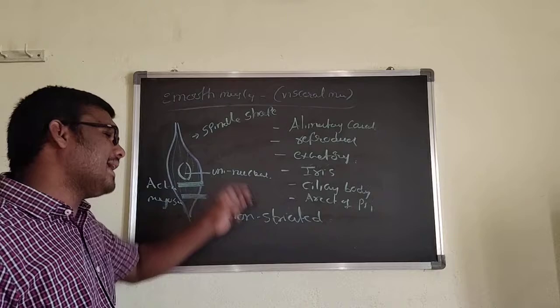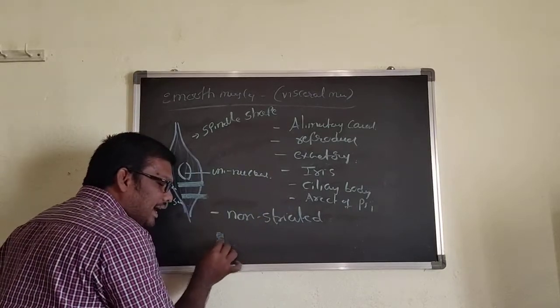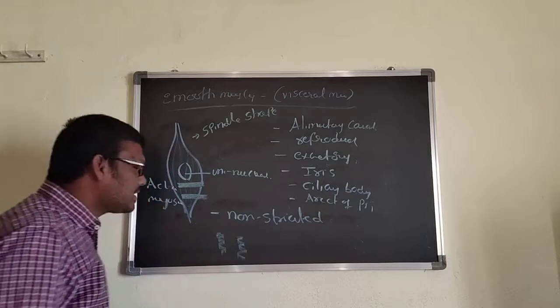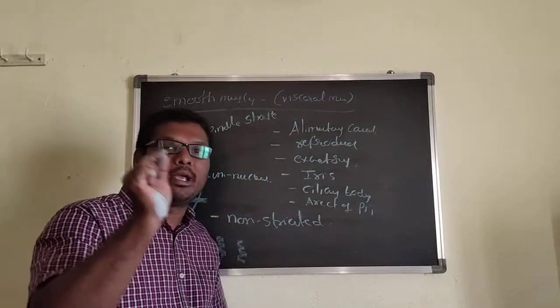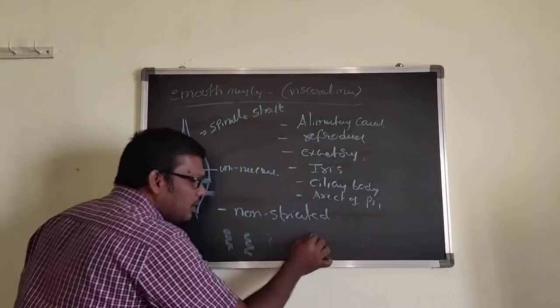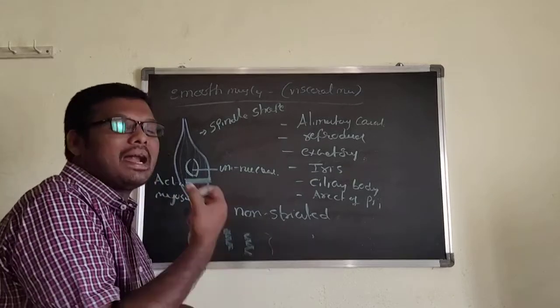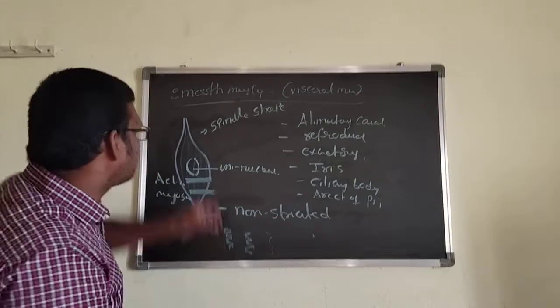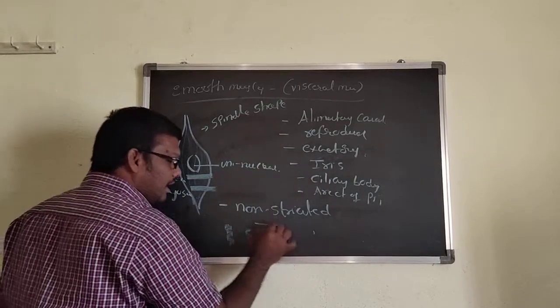No. Here actin and myosin are present, but they are not arranged in a regular manner. In smooth muscle, actin and myosin are arranged in an irregular manner, so they do not appear striped or striated. That's why smooth muscle is non-striated in nature, and it is a very important point.